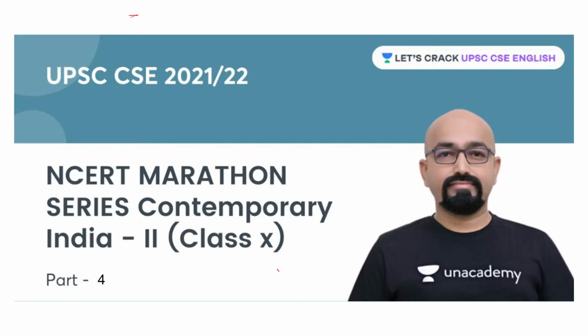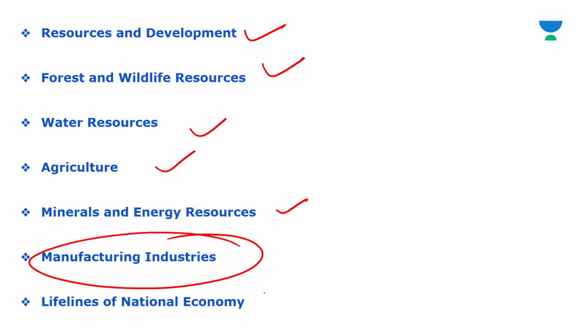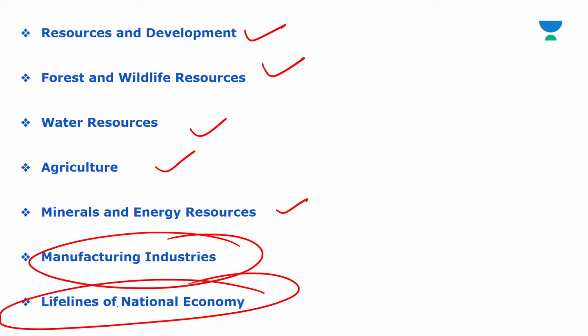The production of goods in large quantities after processing from raw materials to more valuable products is called manufacturing. We have covered all these topics. Now we are discussing manufacturing industries and then we'll cover lifelines of national economy.